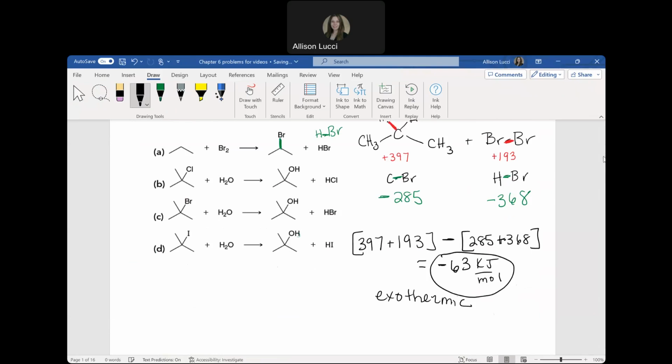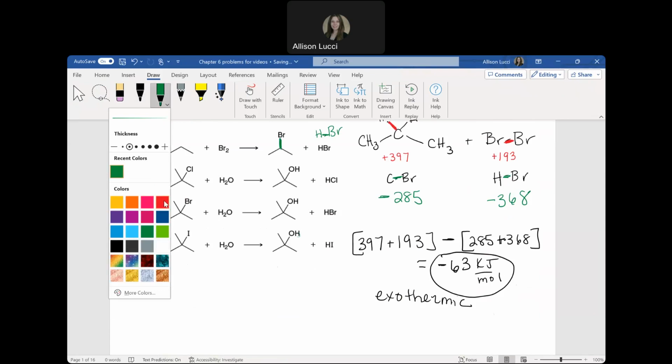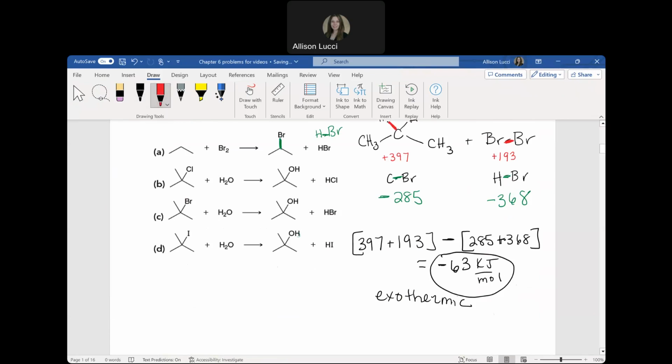Let's take a look at reaction B here, right? So how do we find which bonds are being broken, which bonds are being formed? So it looks like we have our molecule here, which has chlorine on it. And then over here, now it has an OH group. So this bond here must be broken.